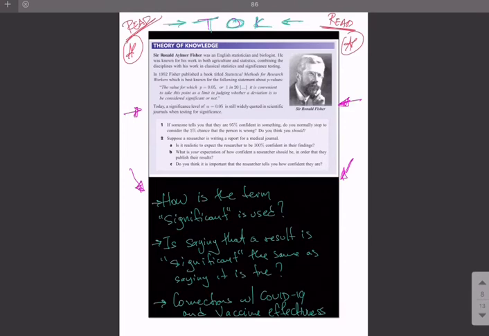And what is the connection that you can make with COVID-19 and vaccine effectiveness? If they say that they find a vaccine that is 95% effective, and our results are valid and significant at the 5% level of significance, what does that mean? Is that enough?